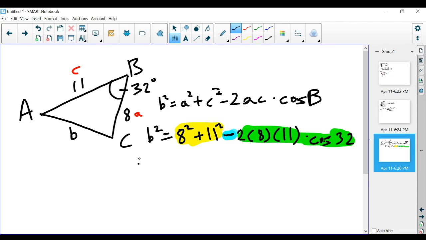So if I go ahead and punch that into my calculator, b squared is equal to 64 plus 121, which is equal to 185. And then we're going to subtract whatever we get from the green. 2 times 8 times 11 times the cosine of 32 degrees gives me about 149.25. Let's just round it to 149.